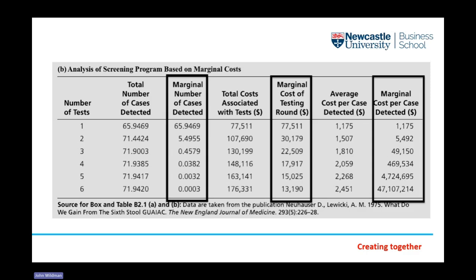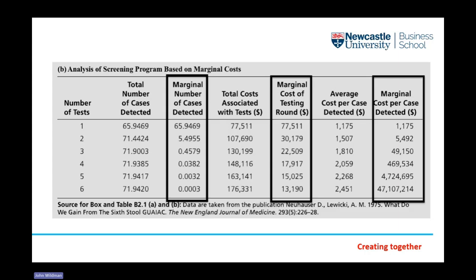Now, of course, here I have brushed around the fact there's actually 2 types of margins here. One is an extensive margin and one is an intensive margin. So the extensive margin is going from 0 tests to 1 test. So that's doing the tests. That's the extensive margin.